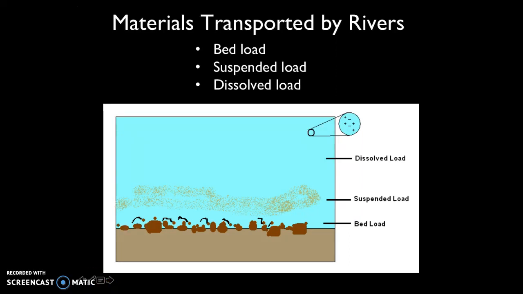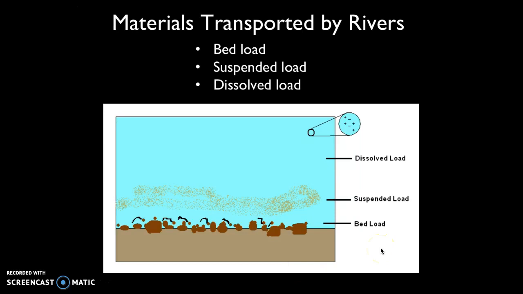As you're seeing here in the diagram, the bed load are for the most part big cobbles or big gravels that move throughout the bottom of the stream. So they can either drag along or they can saltate, it's what it's called. So the particles bounce up and down, but they never are quite floating within the stream. They're always either dragging or bouncing. So that's going to be the bed load.